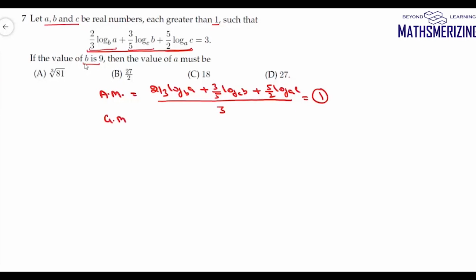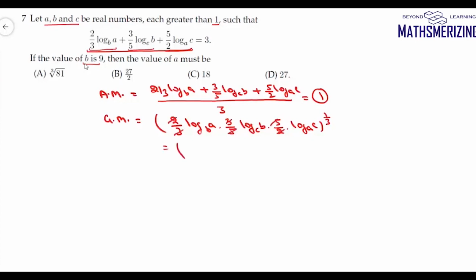Now what about their geometric mean? So their geometric mean will be 2 by 3 log a base b into 3 by 5 log b base c into 5 by 2 into log c base a to the power 1 by 3. Now here 3 will cancel, 5 will cancel and 2 will also cancel.